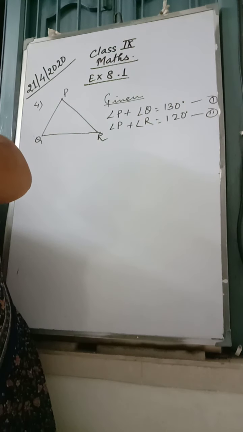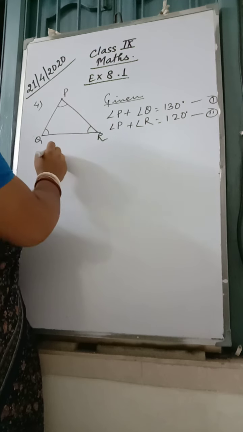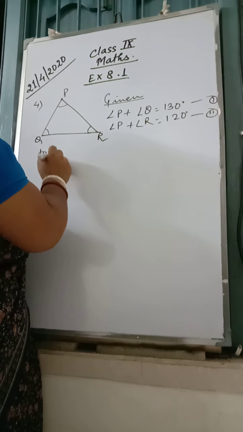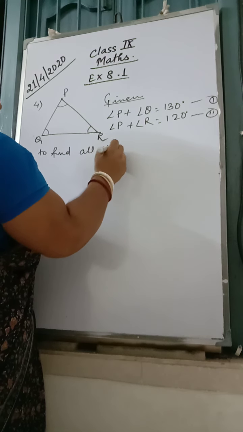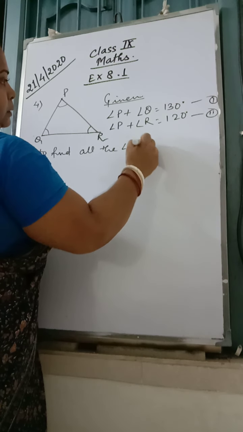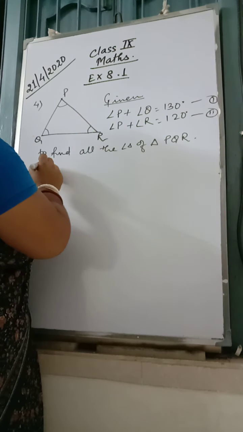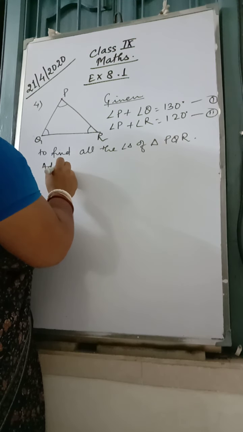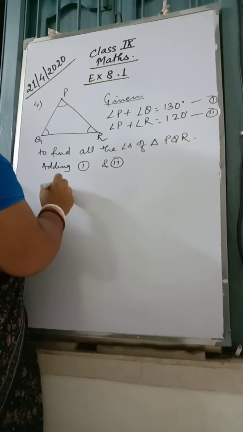Now you have to find all the angles of triangle PQR. What we are doing is adding 1 and 2. So what do we get?